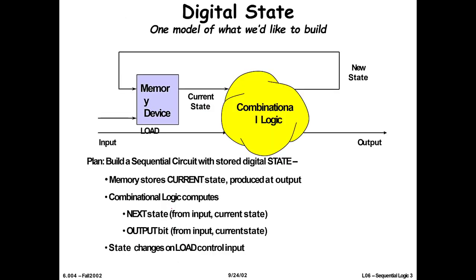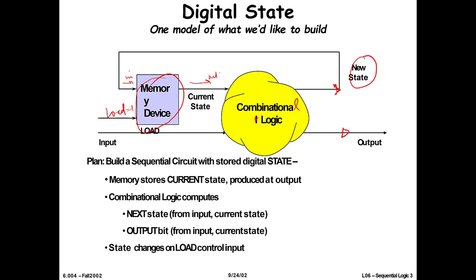Now this is the general model of sequential design. So you have a memory device which works on a load signal. So if the load is for example 1, whatever is at the input, it goes to the output, and then you have this combinational logic, which is represented as a cloud, and the combinational logic has two outputs.